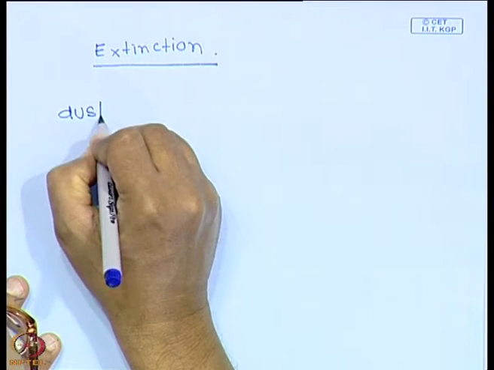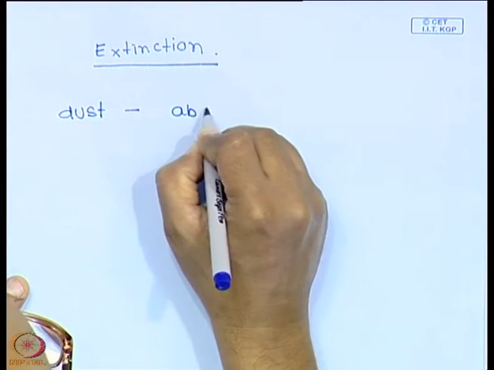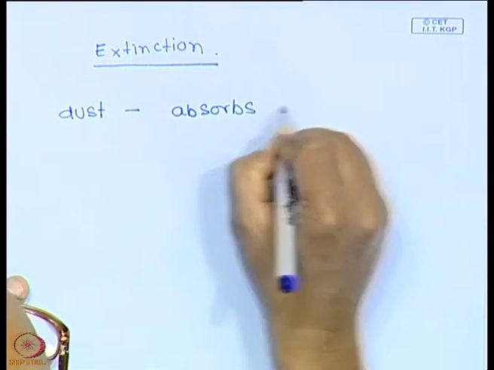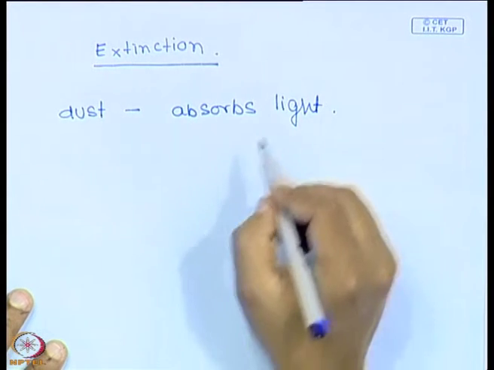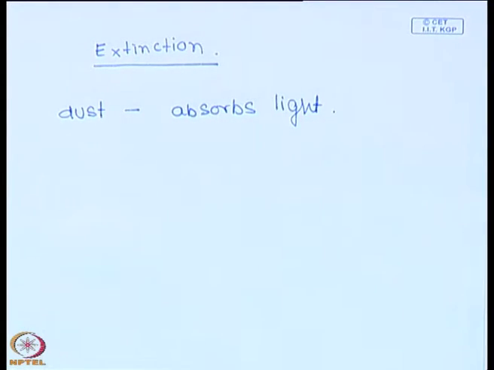The region between stars is not empty, it is filled with material, and we know that there is dust, particularly in the plane of our galaxy. The dust absorbs light. This is what we mean by extinction, interstellar extinction.